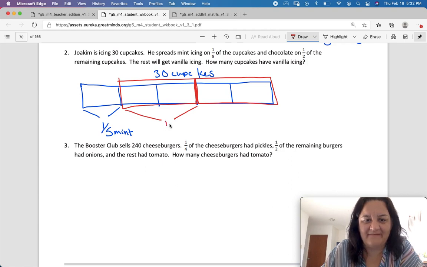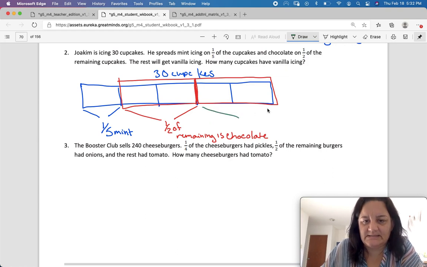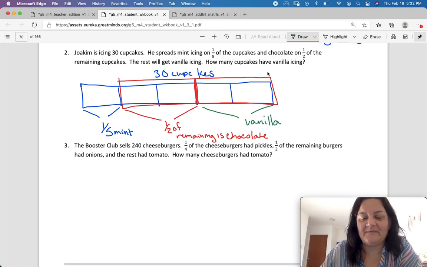So 1/2 of remaining is chocolate. The rest will get vanilla icing. So the rest must be this section. Actually, let's go with green. So this is going to get vanilla, which I also like.